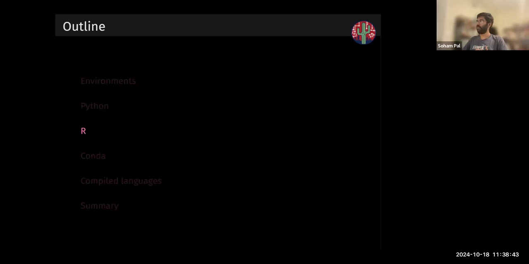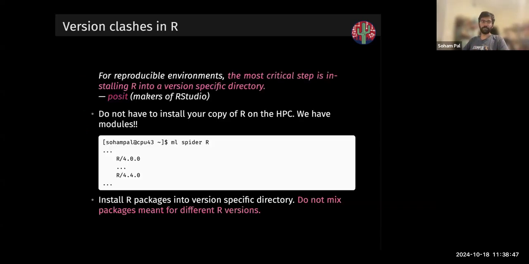And now we'll move to R. So the main thing in R is the version clash between different versions of R. So the most important step is that you actually install R into version-specific directories.